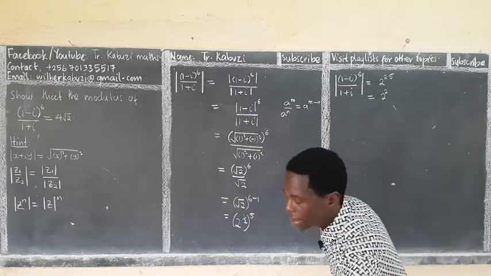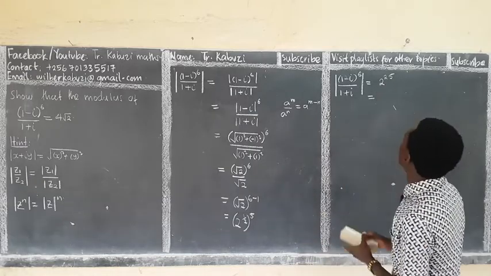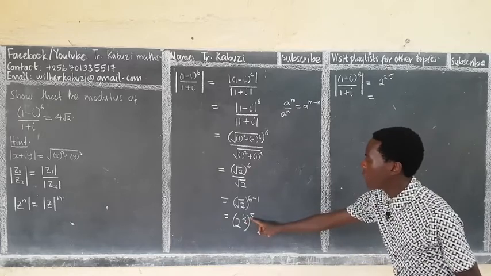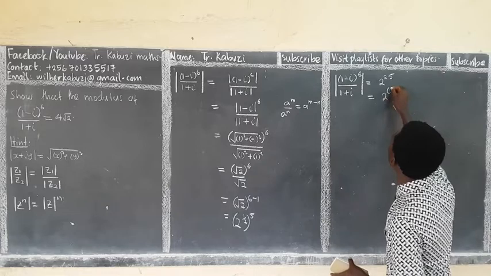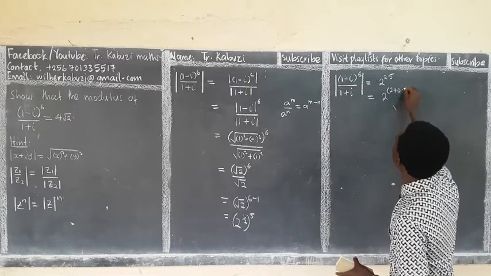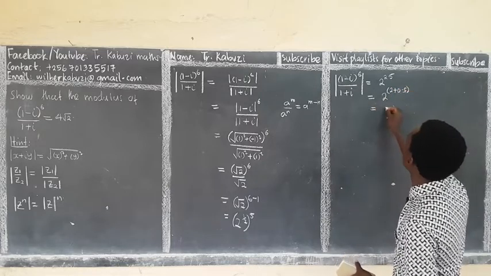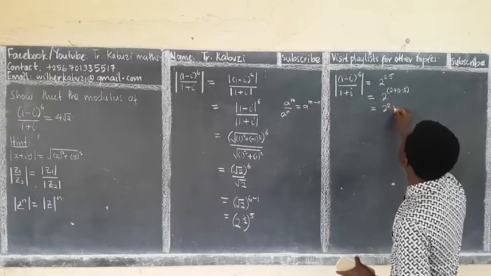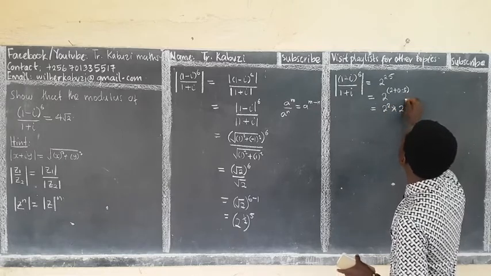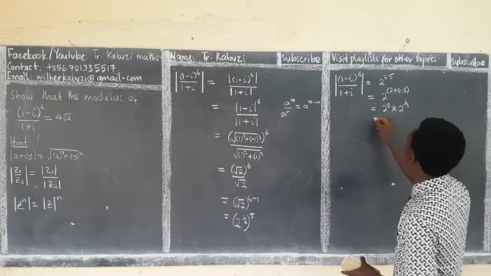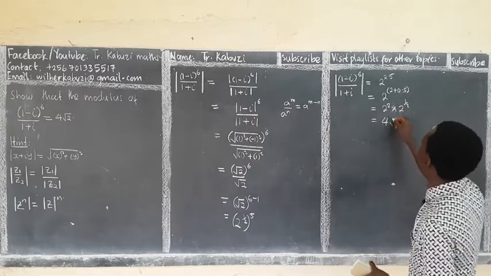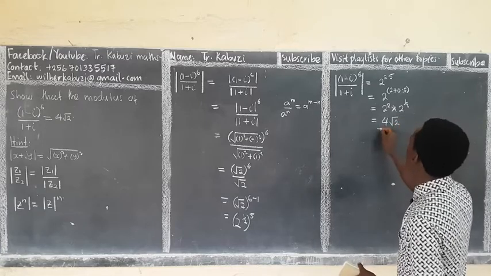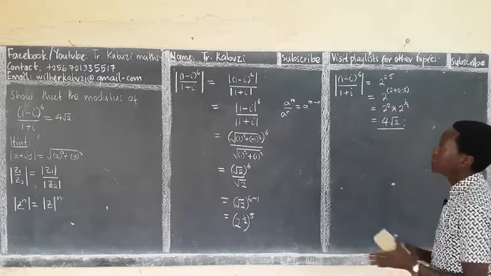Remember how I got that 2.5: 5 divided by 2 is 2.5. So this is the same as 2 to the power 2 plus 0.5, which is the same as 2 squared times 2 to the power a half. 2 squared is going to be 4, and 2 to the power half is the same as root 2. And the proof is done, just like that.